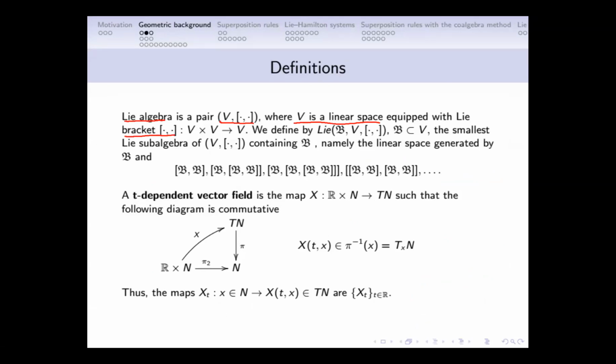And we are going to define this set, which I will sometimes call Lie(V), for V and the bracket. It's the smallest Lie subalgebra of V that contains a subset V, that is, the space generated by all the derived series of the subset V.